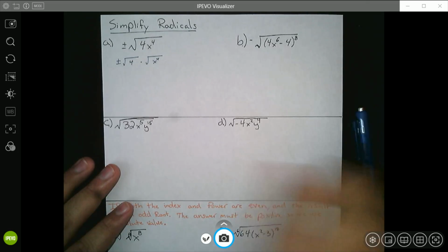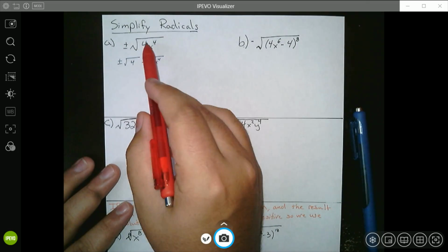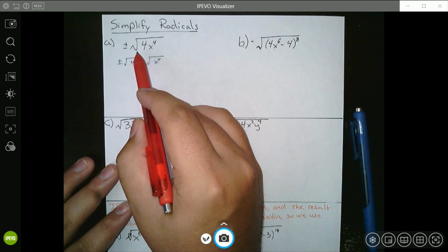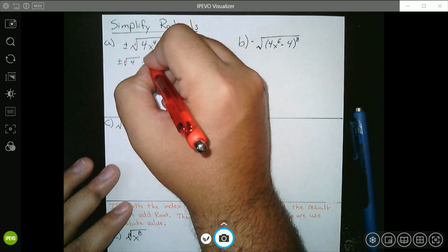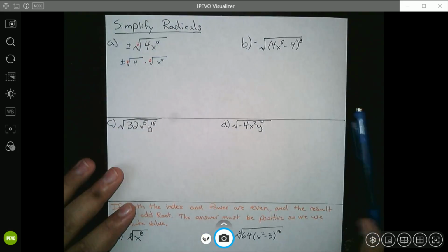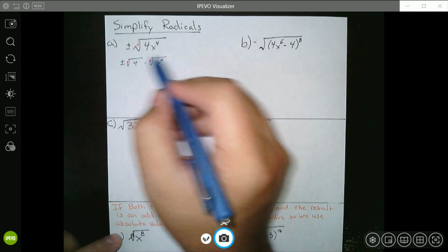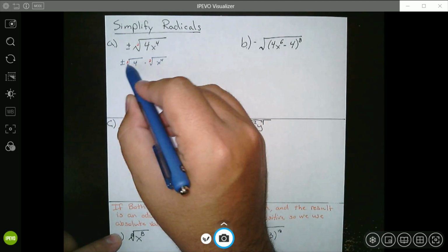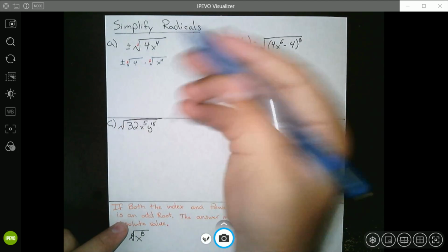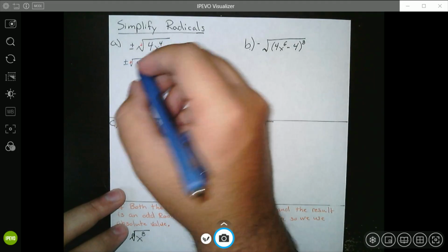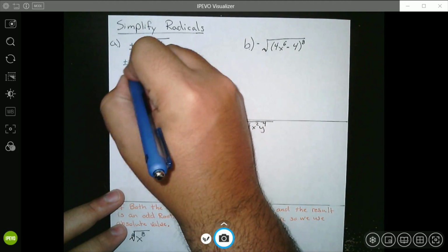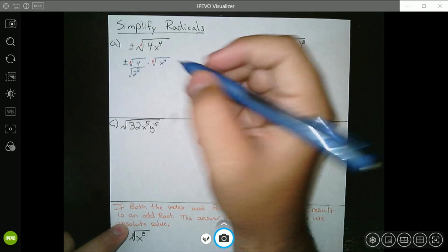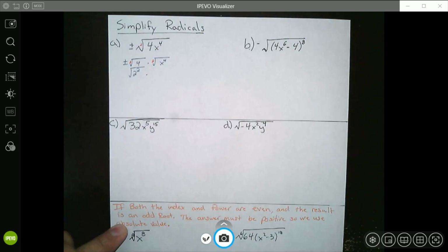Now remember, if there's nothing there for the index, that essentially means there's a 2 there, so these are both square roots. That means I want this power to match the index. So for 4, I can break that down into 2 squared and take the square root of that.